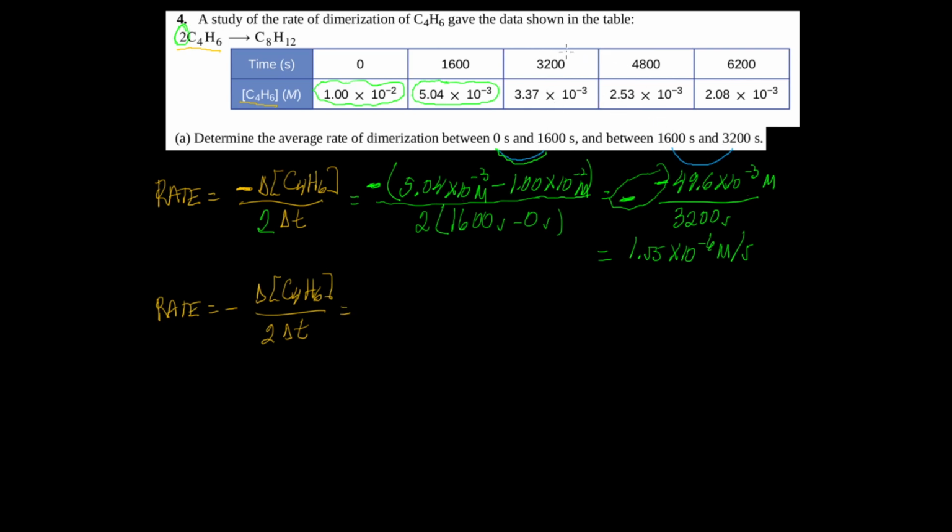Since we're dealing with 3200 and 1600 data points, we do the final concentration, 3.37 times 10 to the minus 3 molar. Subtract the initial concentration for this time interval.